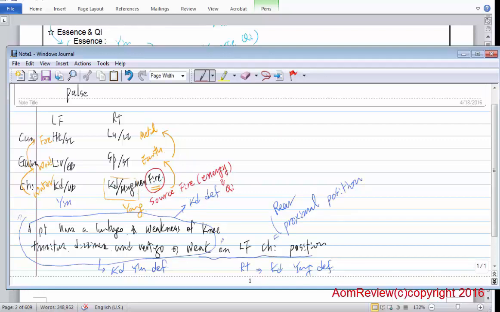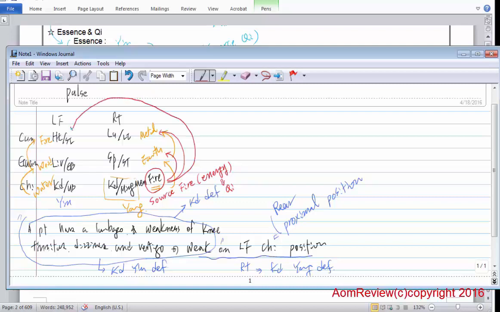Anyway, the kidney fire has the action of warming up the stomach and spleen, and also supports the zhong qi with pectoral qi. So lung respiration function also relies on the kidney grasping qi function.